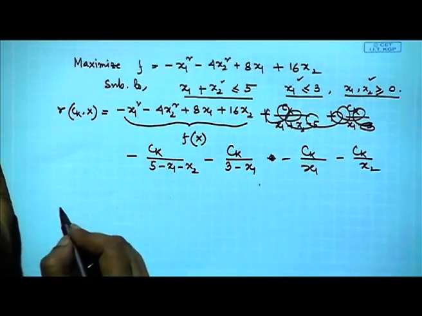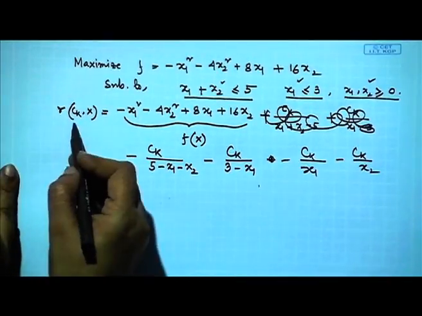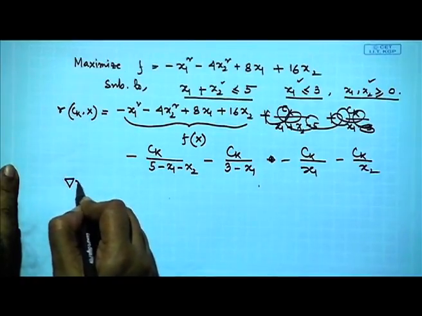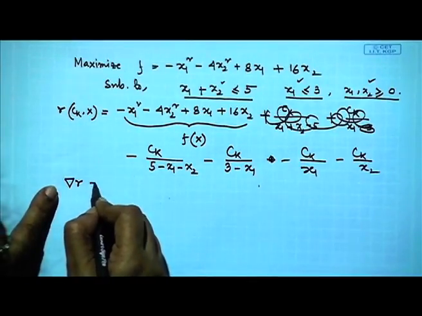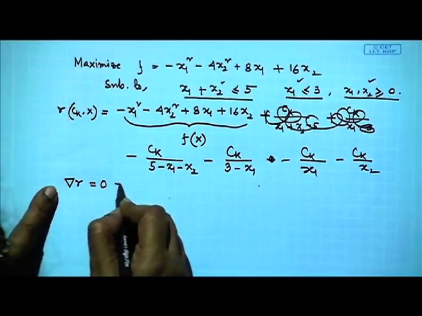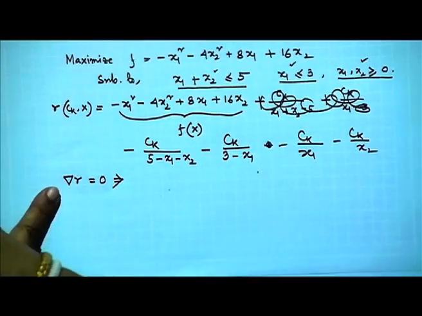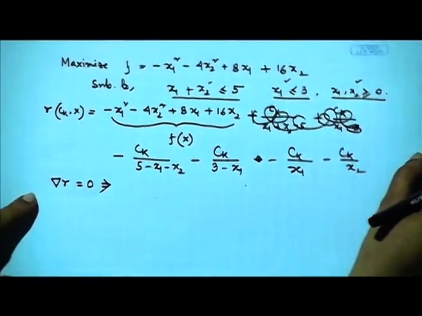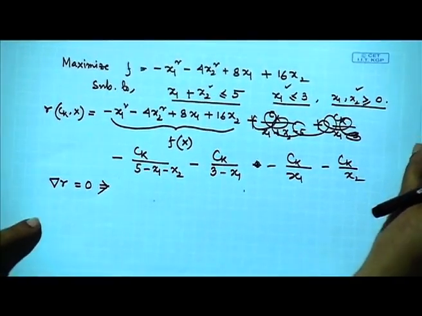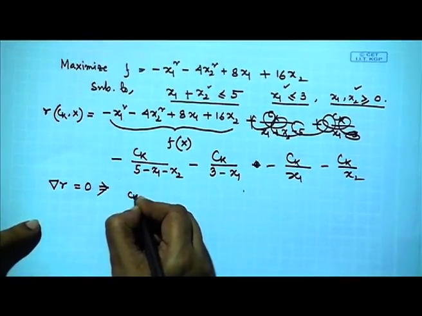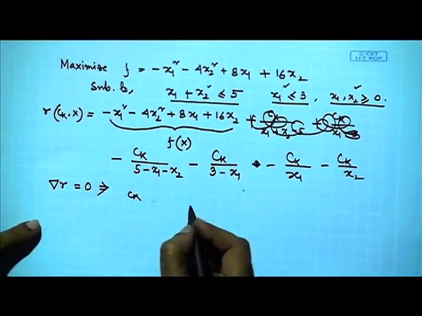Now, this is one unconstrained optimization problem. You find the value of grad of r equal to 0. If we equate, we will get a relation between x1, x2 and ck, and for different values of ck, if we substitute, we will get the values.